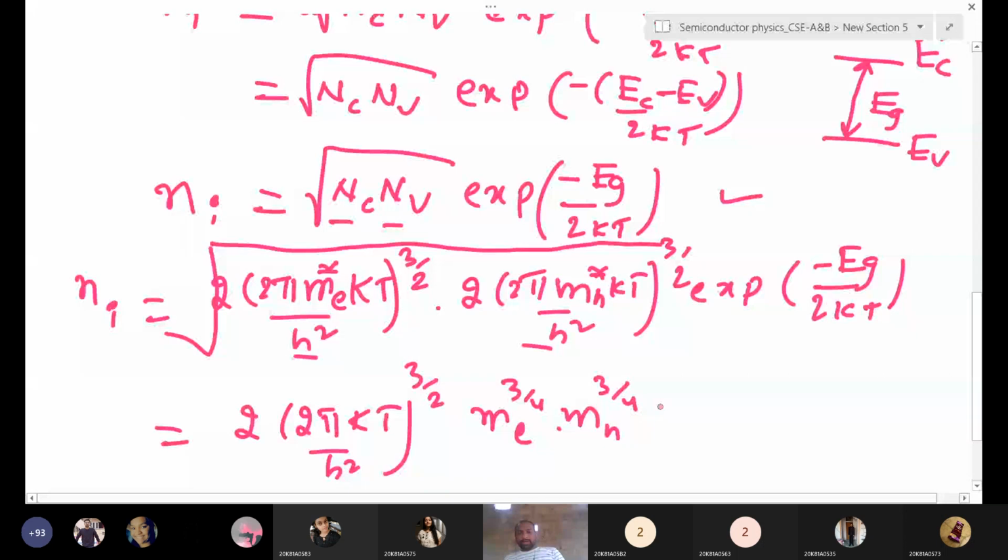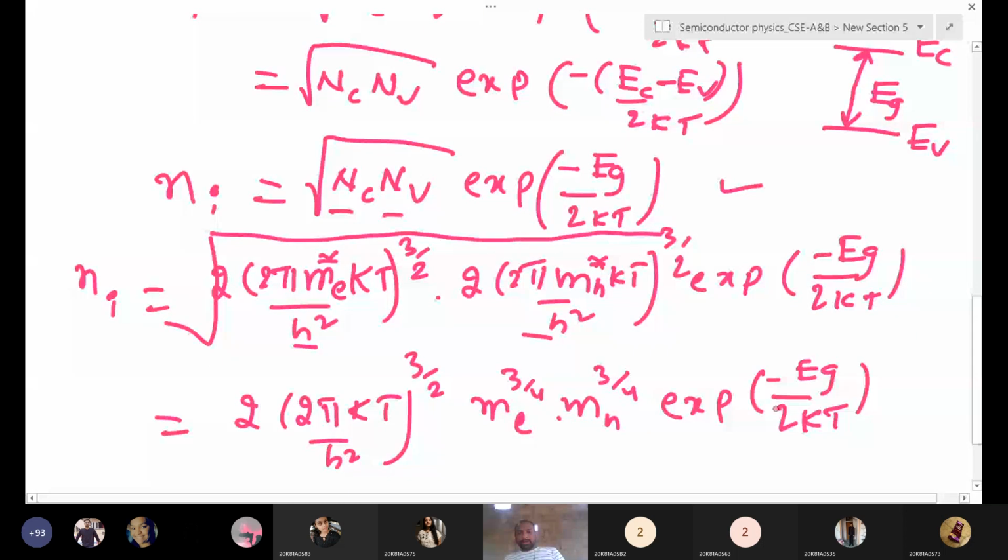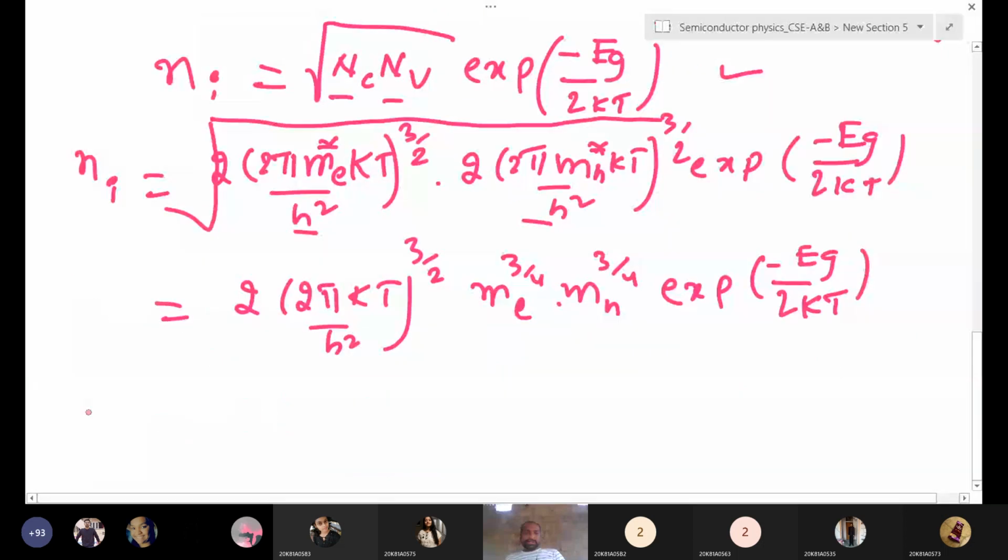So here exponential minus Eg by 2 kT. This is the carrier concentration in an intrinsic semiconductor. This term is common. K is the Boltzmann constant, T is the temperature, and h is the Planck constant. me and mh are the effective masses of electron and hole, and Eg is the band gap.